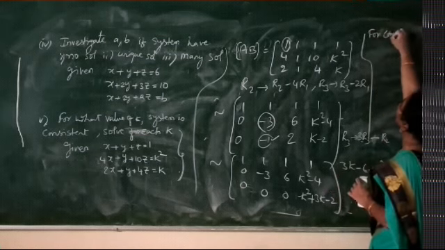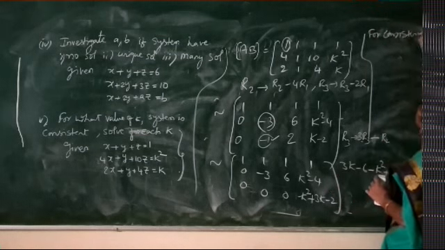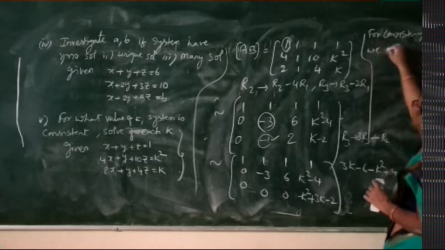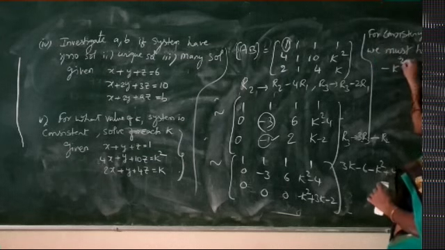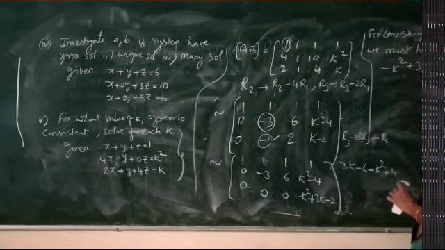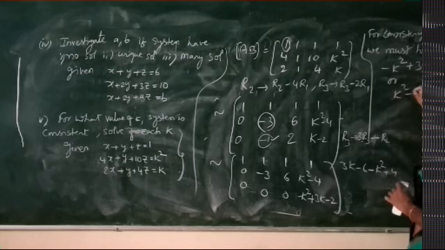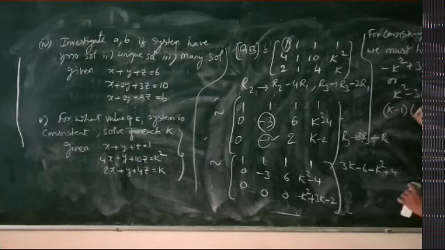So our conclusion is, for consistency we must have minus K square plus 3K minus 2 equal to 0, or K square minus 3K plus 2 equal to 0. On factorization we get K minus 1 into K minus 2 equal to 0.